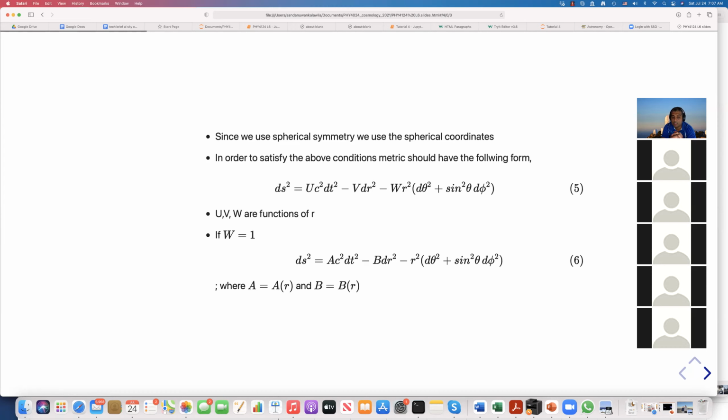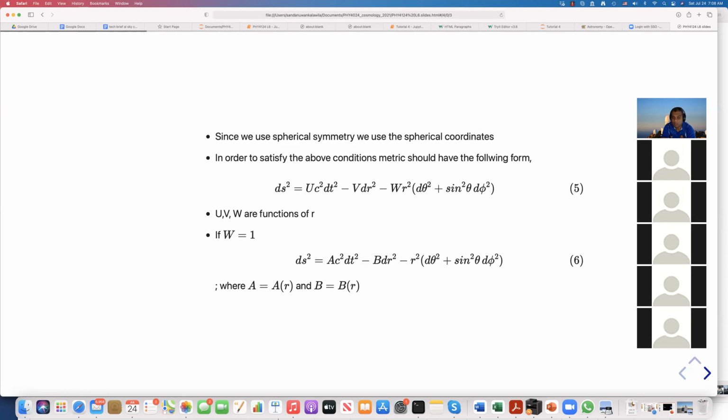The reason is that we said U, V, and W are all functions of r, and when you set W equal to 1, the r's that you see in equation 5 and equation 6 should be different r's, right?